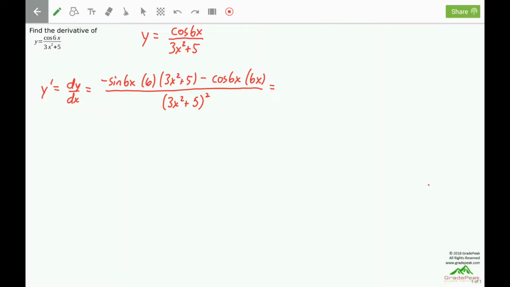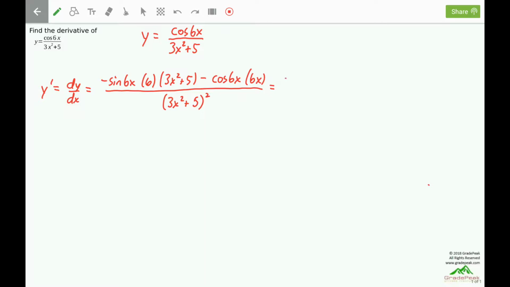The next thing I'm going to do is move the constants and power functions in front of the trig functions. So I'll put these in front here with the negative sign, and likewise for this term I'll move that in front with that negative sign there.